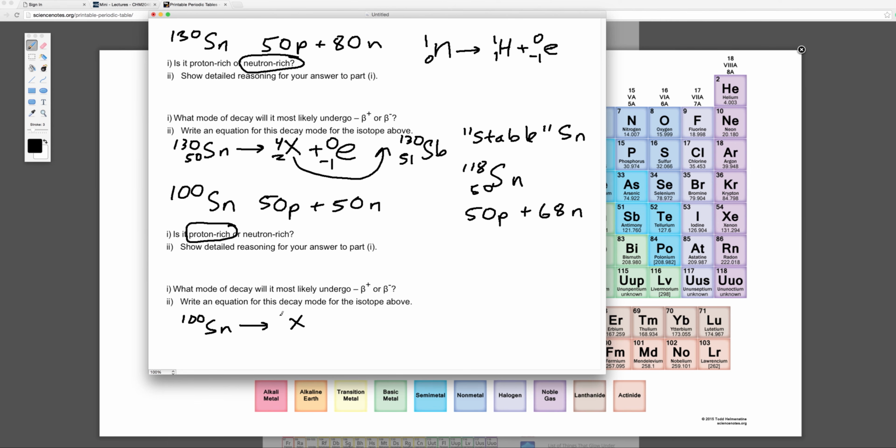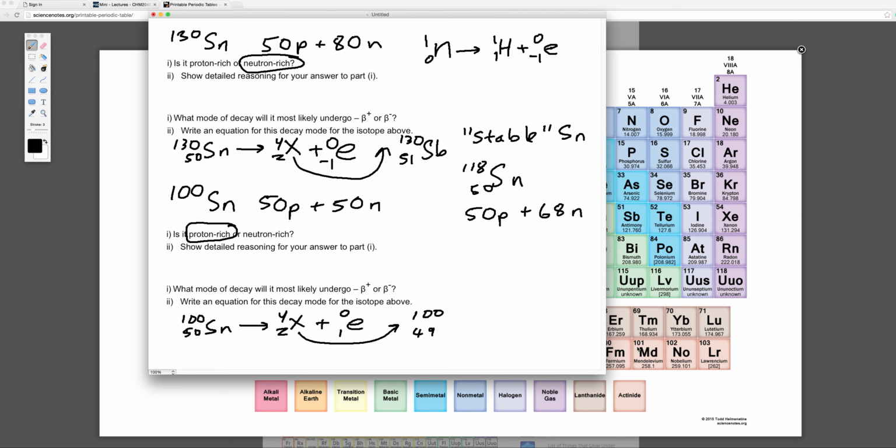Using the same strategy as I showed you above. The particle released is a positron, which has 0 mass, but it has a positive charge on it, positive 1 charge. When we figure out what the element here is, you'll see that this is going to be 50, which means Z here must be 49, and the mass is still going to be 100, because Y plus 0 equals 100, so Y is 100.